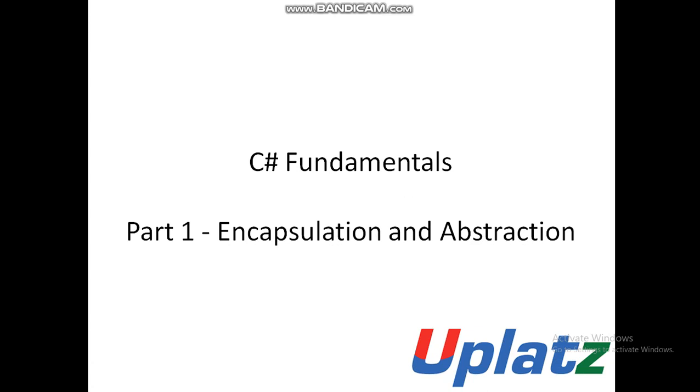C Sharp is an object-oriented programming language. C is a procedure-oriented programming language. Procedure-oriented programming is about writing procedures or methods that perform operations on data. Writing more and more procedures makes programs complicated.